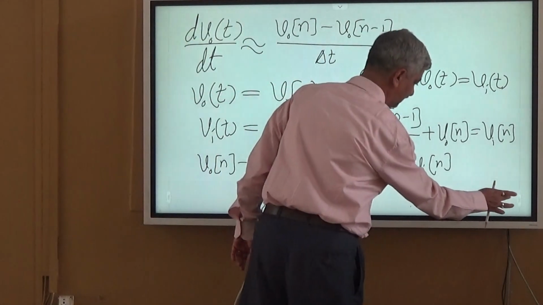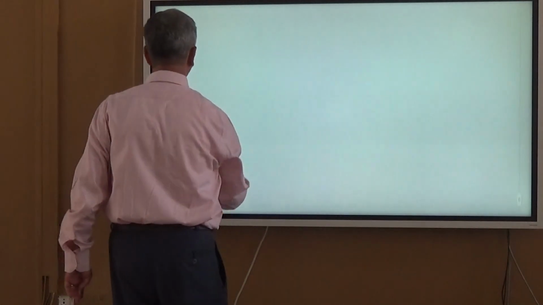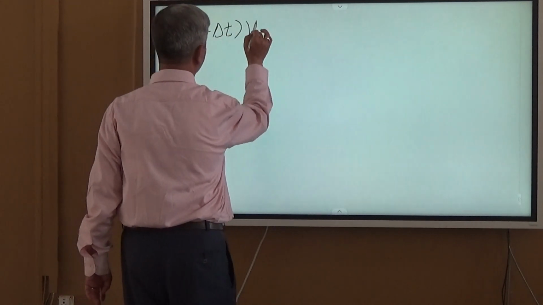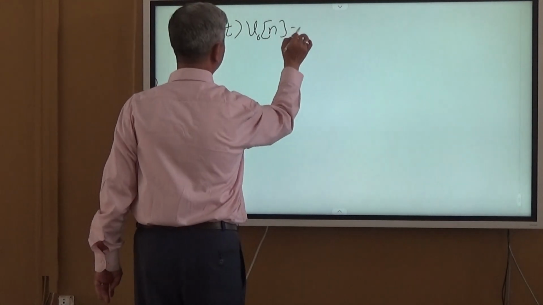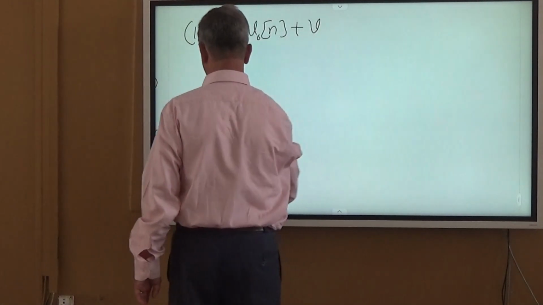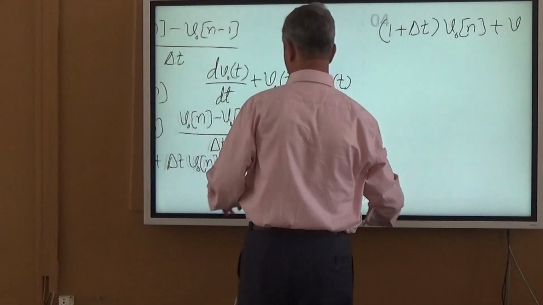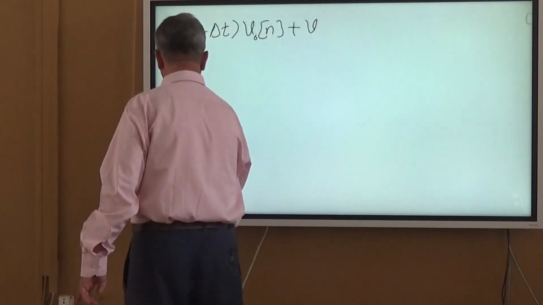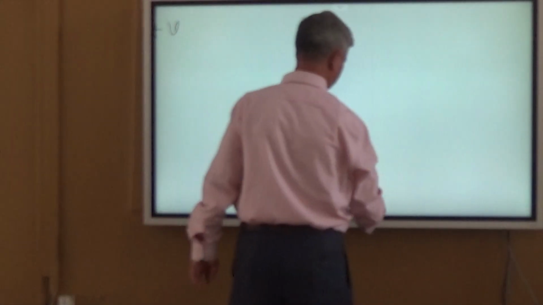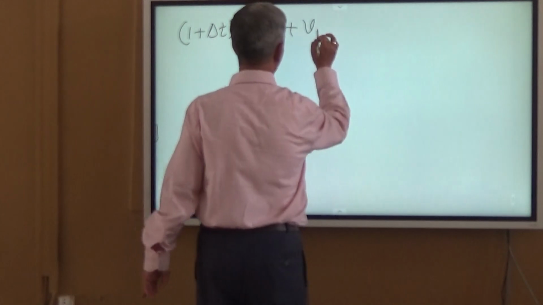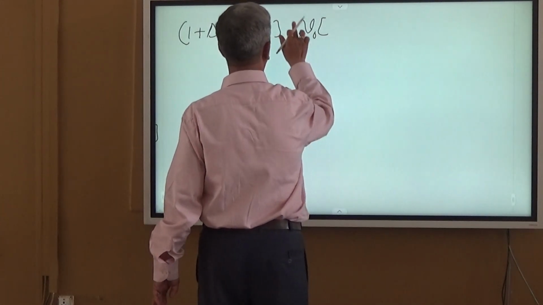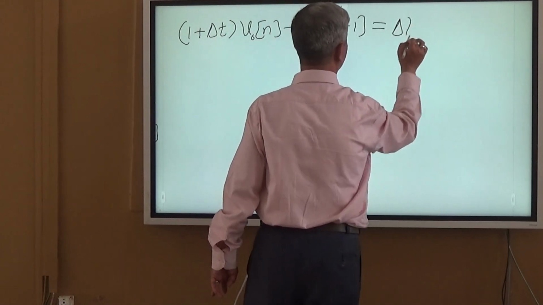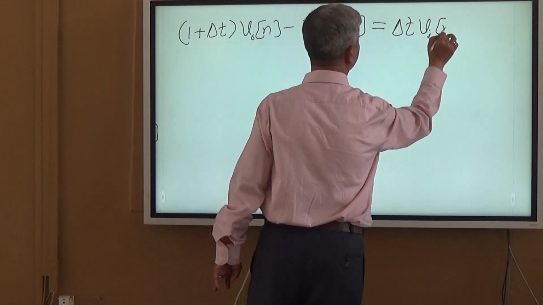So what we get by connecting the terms? (1 plus delta t) VO[n] minus VO[n minus 1] is equal to delta t Vin[n].